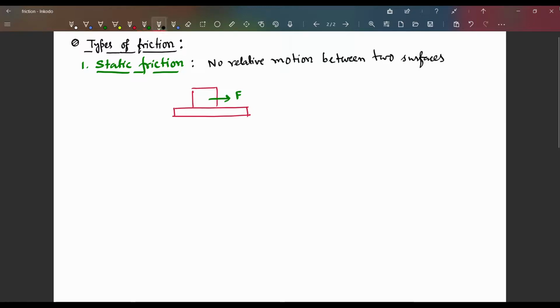Therefore, the frictional force acts tangentially in the opposite direction, that is f. So the applied force F is equal to f, the frictional force, as the body remains at rest whenever the external force is applied.